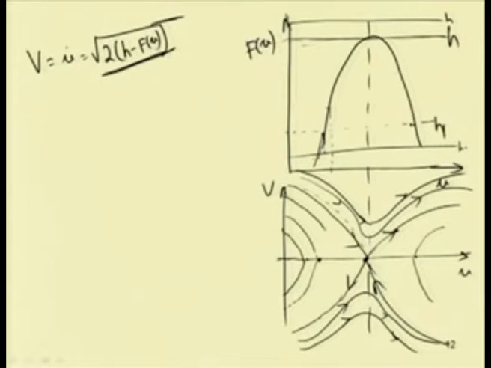Similarly, before this, if I try to plot all these trajectories, it may look like this.